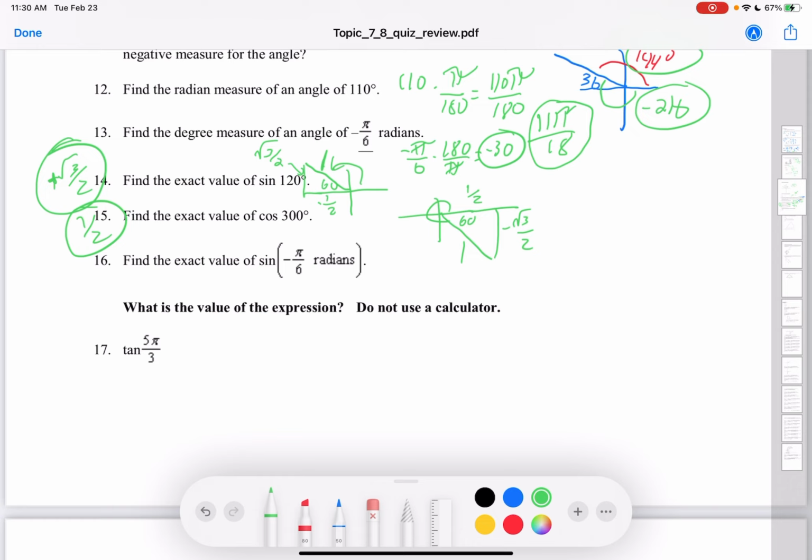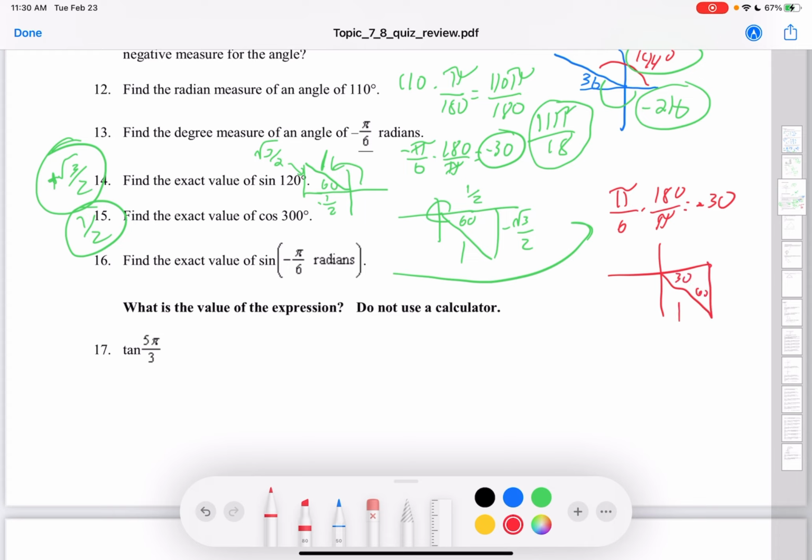Number 16, we'll go over here with 16. Find the exact value of the sine of negative pi over 6 radians. We're going to change it to degrees first. So I'm just going to go pi over 6 times 180 over pi. So this is negative 30, which I think is what we did before. So negative 30 is right there, making this a 30, 60, 90.